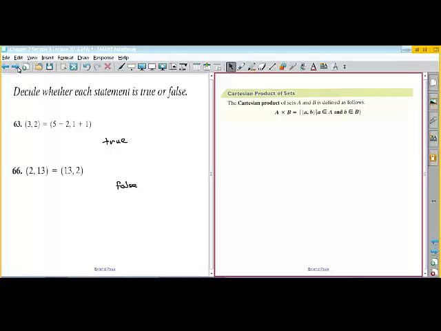So the set operation that we're talking about here is called the Cartesian product of 2 sets. So let's put this on one page.